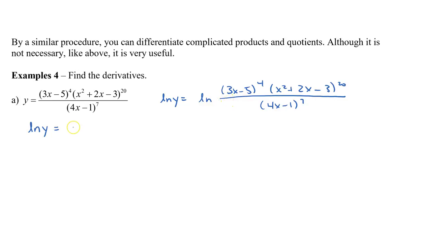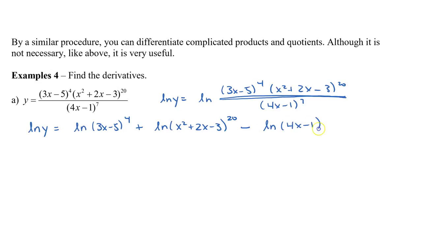So this would mean that I have the natural log of (3x minus 5) to the power of 4 plus the natural log of (x squared plus 2x minus 3) to the power of 20. And then this is my quotient line, so this is being divided on the bottom, so I'm going to put minus the natural log of (4x minus 1) to the power of 7.